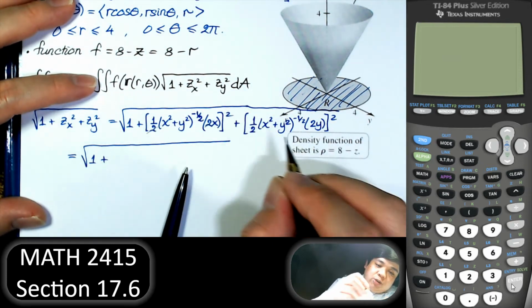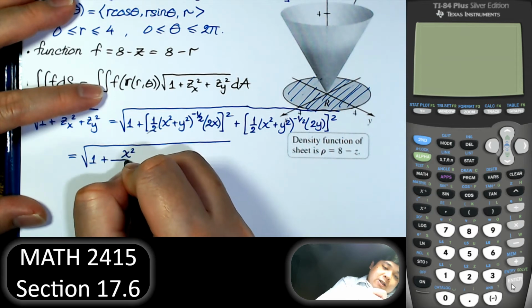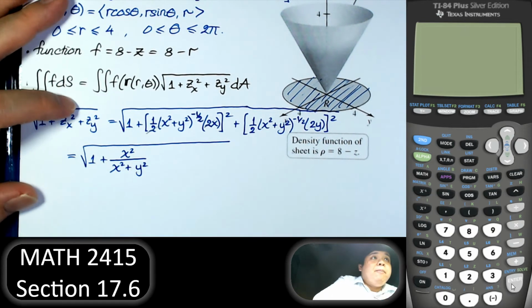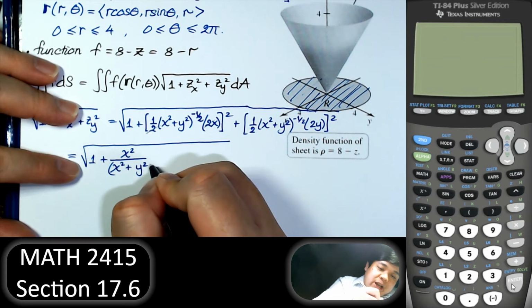The 2 and the 2 cancel out, so we just have x squared over x squared plus y squared. Of course, we have this.